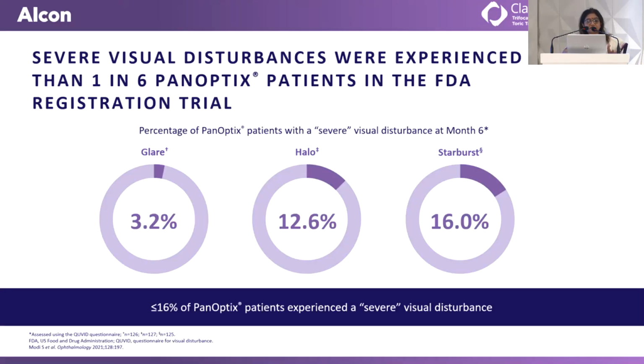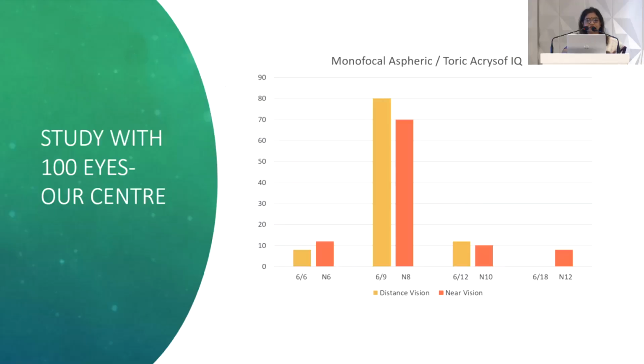This is a study which has been done even on panoptic IOLs, where there have been halos, starburst signs, glare, all these things. Reduced percentage, but look at that percentage of 16%. It is quite phenomenal. So we have done a study in our own center with 100 eyes, 50 patients, wherein we used the monofocal aspheric, and in some cases where astigmatism was there, we used the toric, keeping the lens constant, that is the Acrysof IQ.